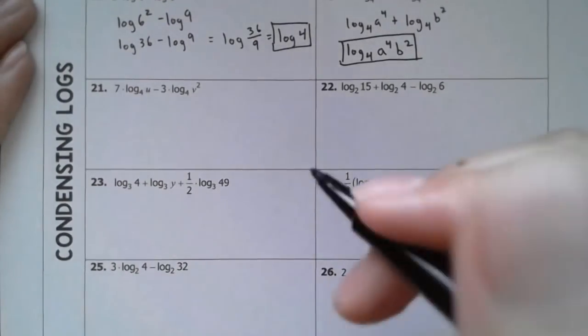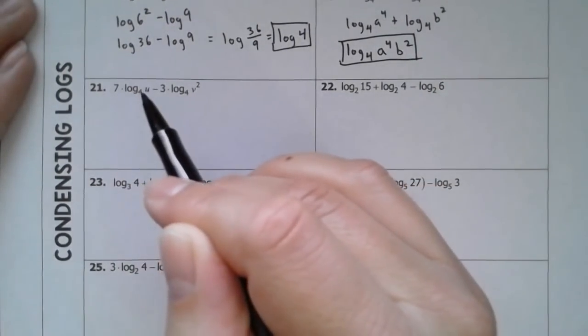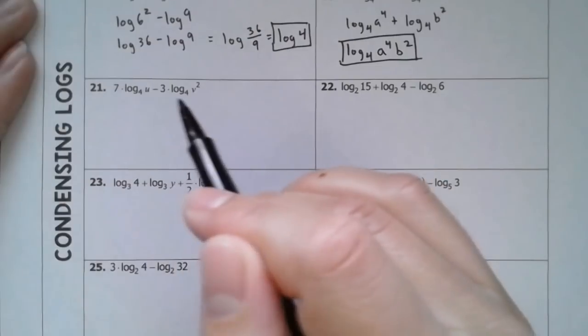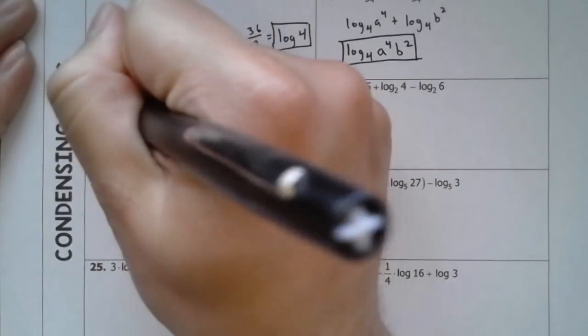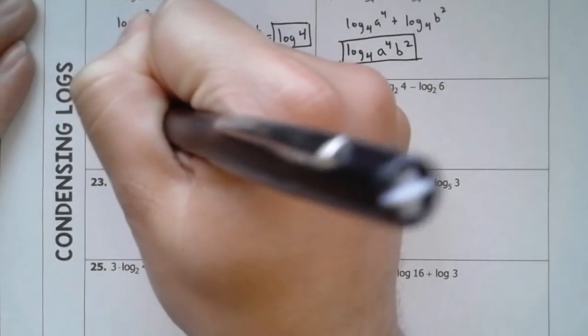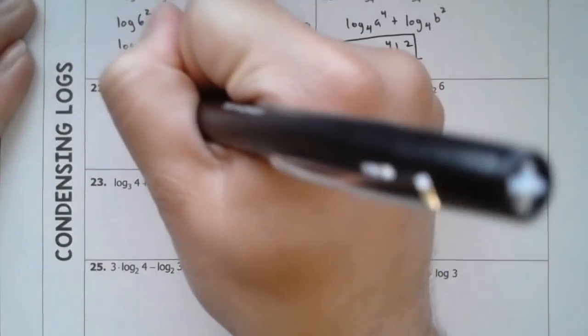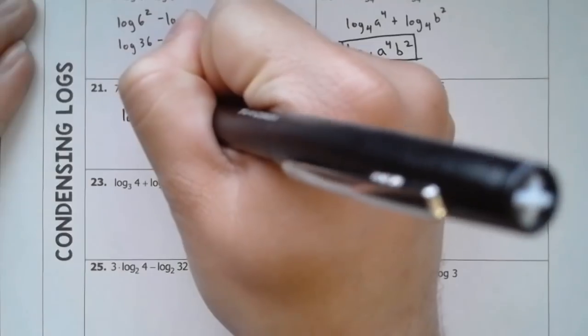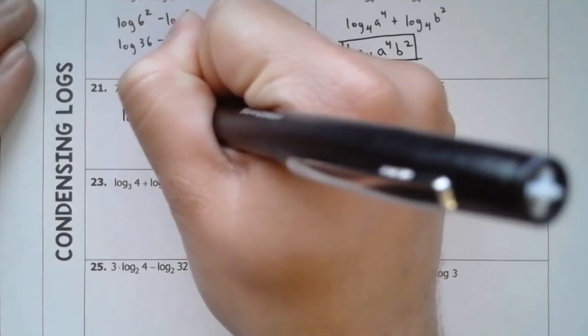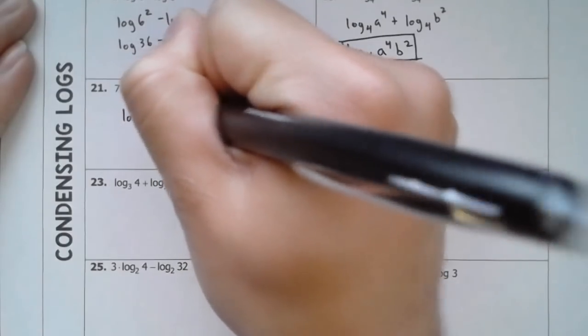Number 21, I have 7 times this log, 3 times this log, so I can rewrite this as each one with its respective exponent. So u to the 7 minus log base 4 of v. Sorry, I misspelled this, log.